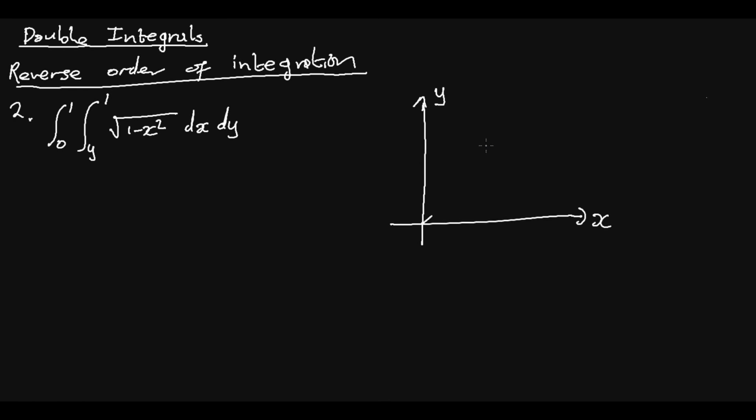So it means there's a line like this, x is equal to y. So x is from this line up to the upper limit for x, which is 1. x is equal to 1. Okay. So the upper limit for x is equal to 1. Right? So x goes this way from here straight. So this is the upper limit.